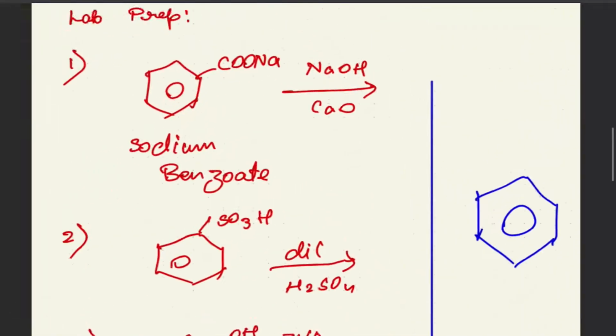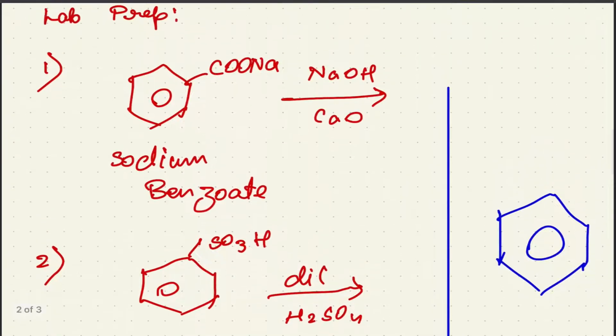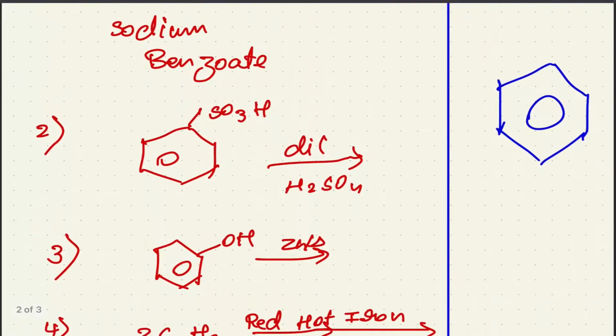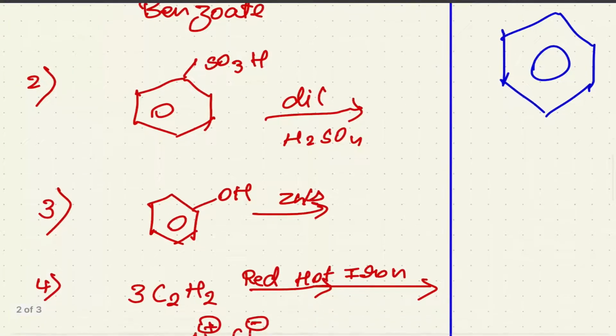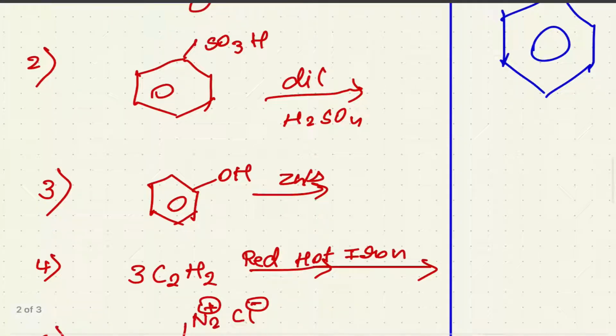So revising through it, we use sodium benzoate along with NaOH, that is sodium hydroxide, and calcium oxide. We get benzene. And the next one is benzene sulfonic acid. We acidify it and then we get benzene. We'll be learning the mechanisms very soon.